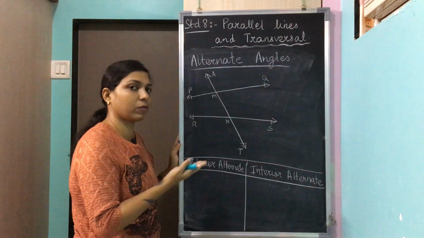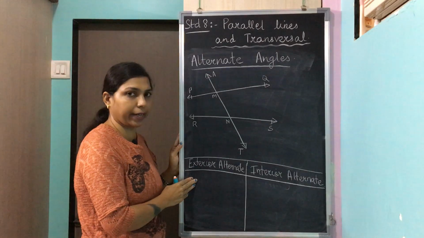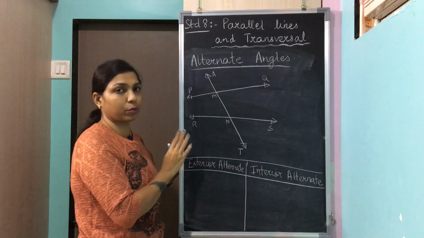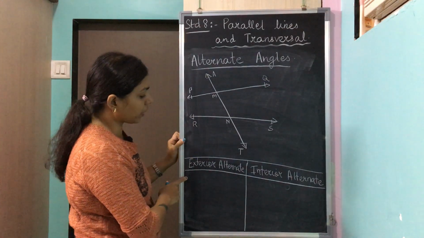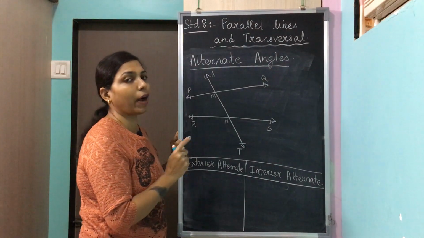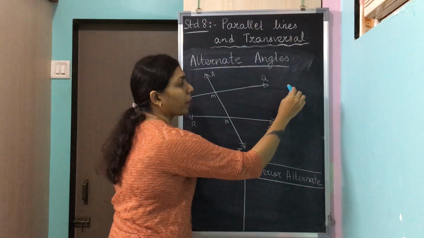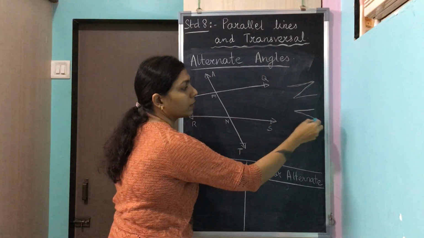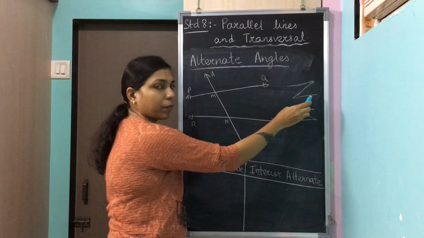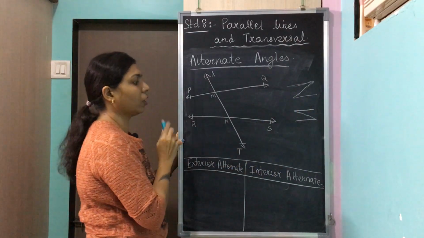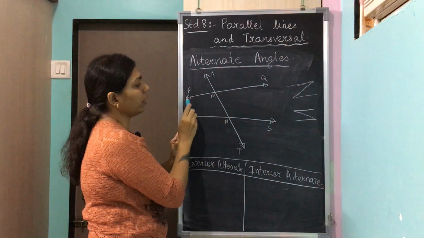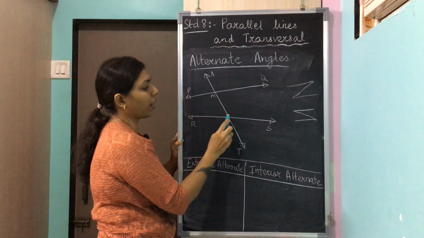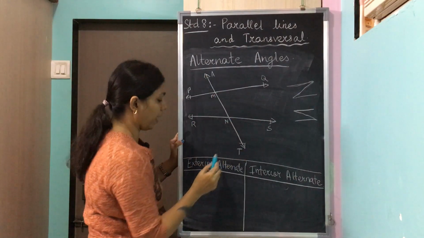One is your exterior, which means outside, so exterior alternate angles, and interior alternate angles. Interior means inside. So let us see the position of those angles. Now when you are talking about exterior alternate angles, you have to find out the angles which are forming a Z formation. Okay, either this way Z or this way Z formation, a proper Z formation or an inverted Z formation. So which are those angles? If you see correctly, this over here is forming a Z formation, angle PMN and angle MNS.